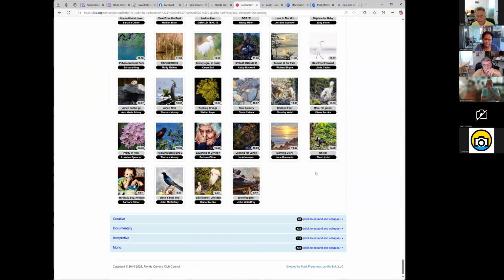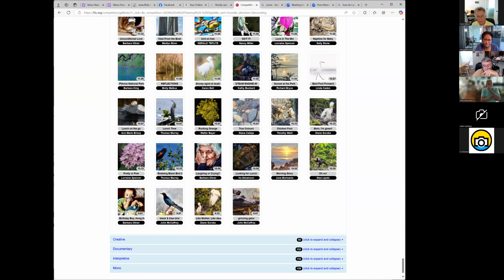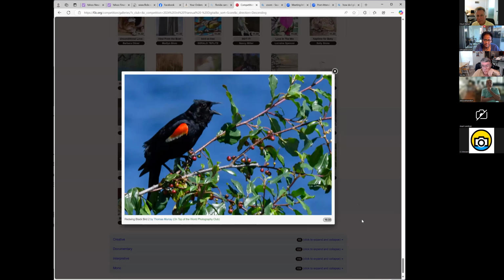All the way down at the bottom here, let's look at this red-winged blackbird, for instance. One of the first things you see is that it's not exactly in focus, which would suggest that it's not very high scoring because the technical excellence is not there.